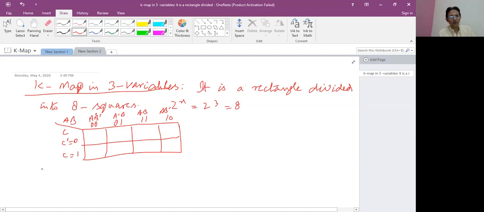Now first we consider an application of the K-map in 3 variables. So write an application.